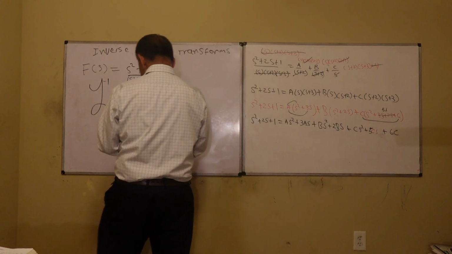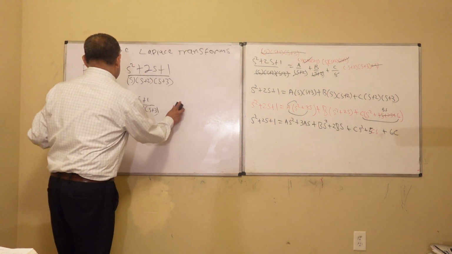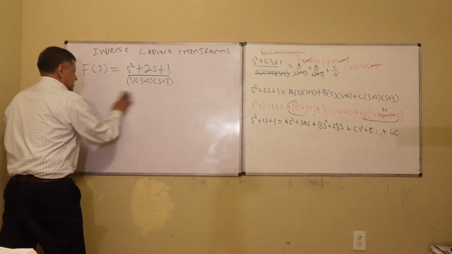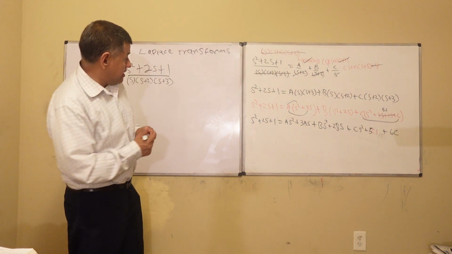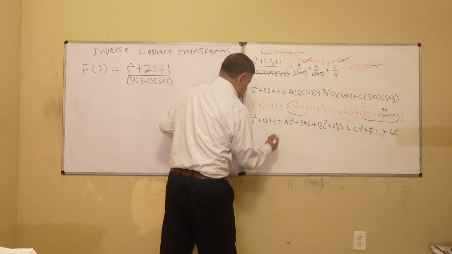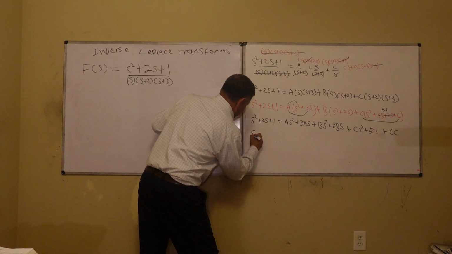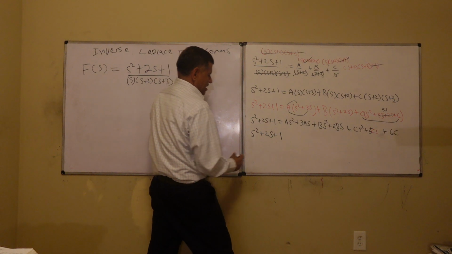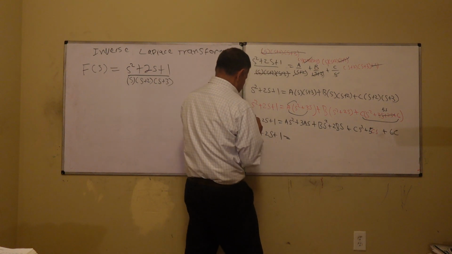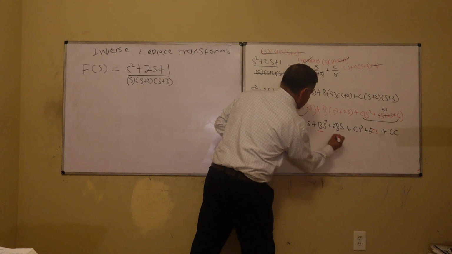So with that being said, let me just get rid of this because I don't need this at the moment. I need some room right here, so let's get it done. Let me regroup this. So let me do it like S squared plus 2S plus 1, right? Equal to, I want to group these guys.